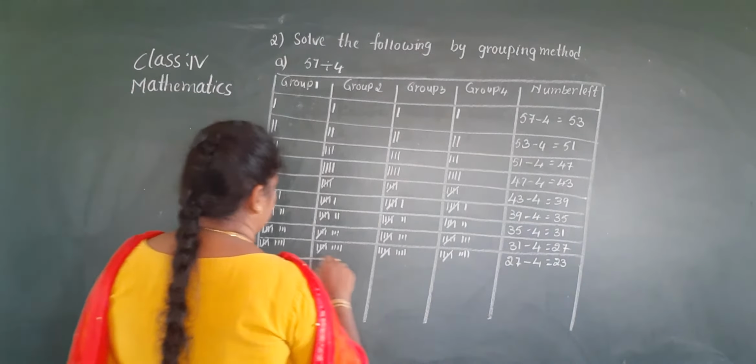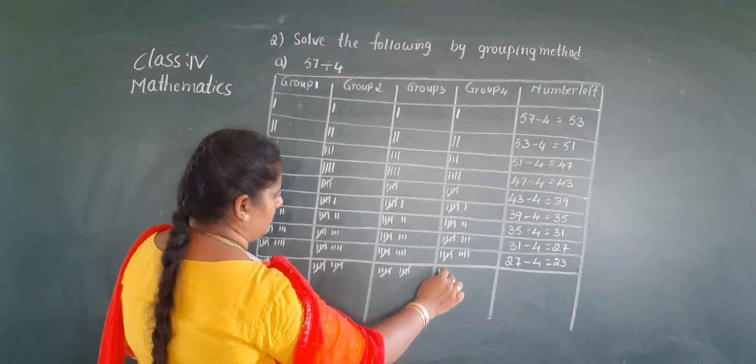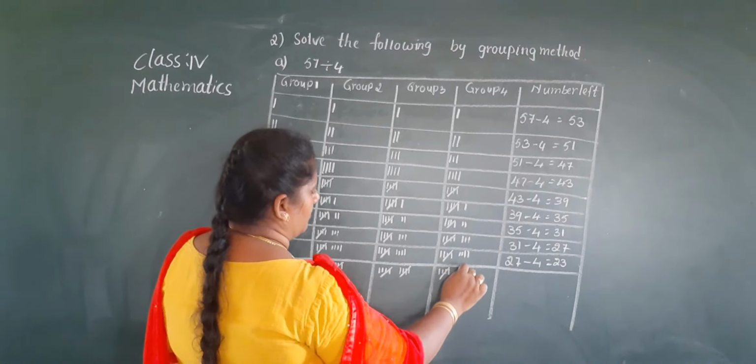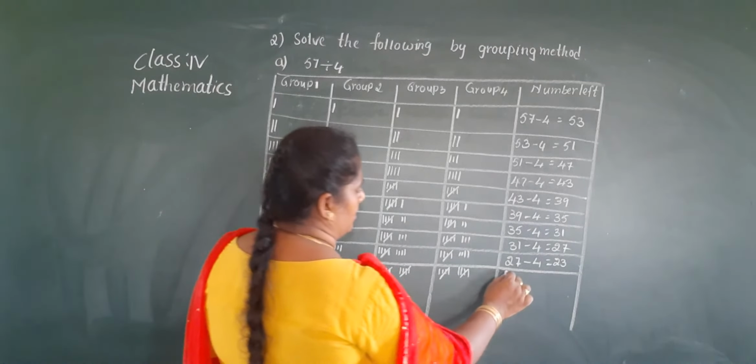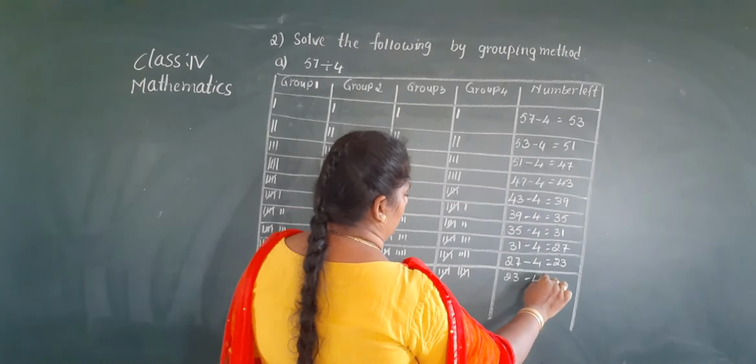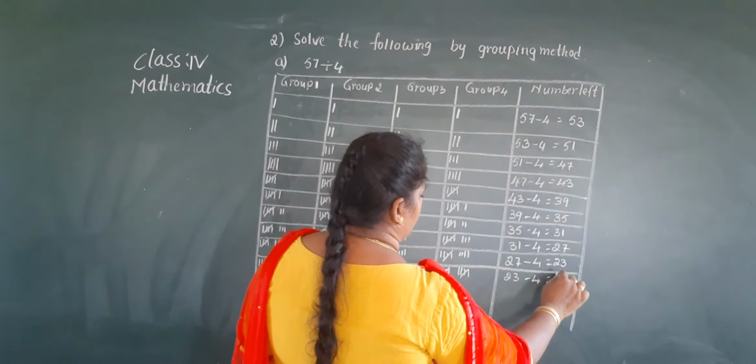Next, again 9 is there. If you distribute 1, then it becomes 10. Okay? So you give some gap between these two tally marks. 23 minus 4 is 19.